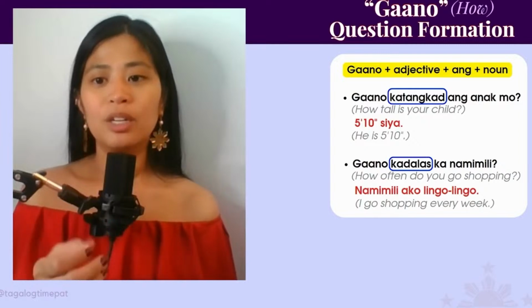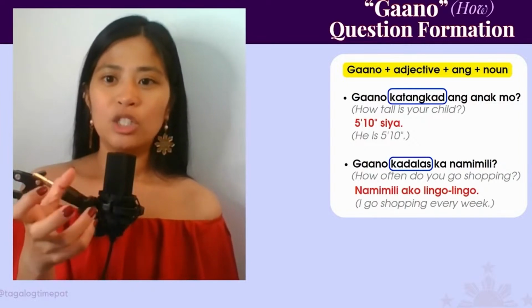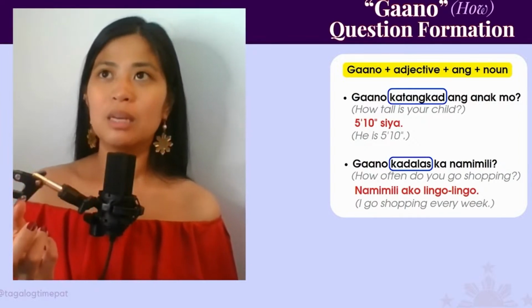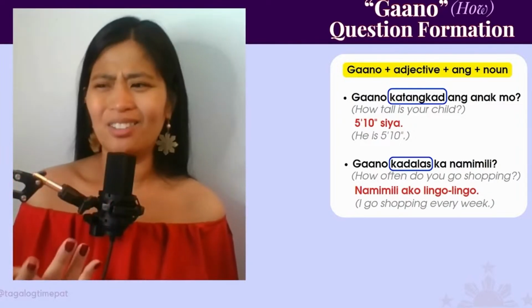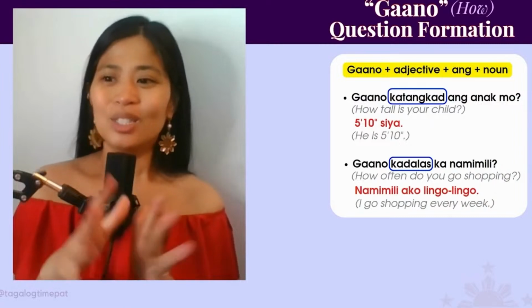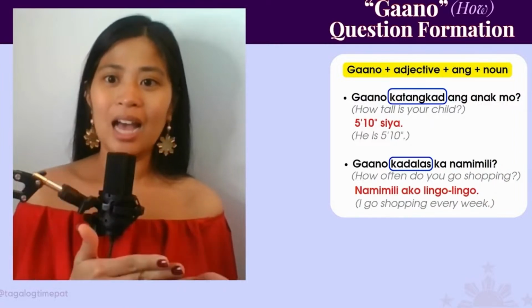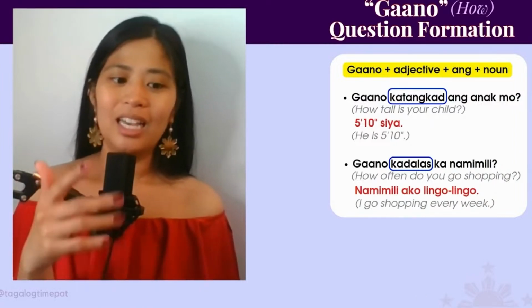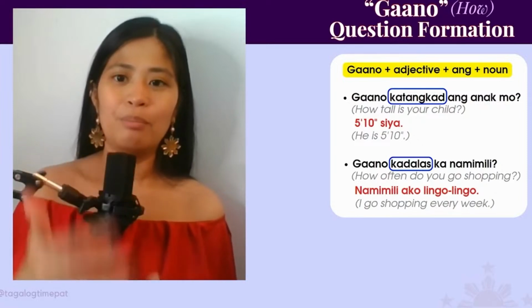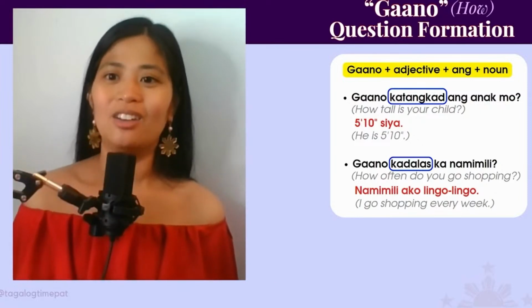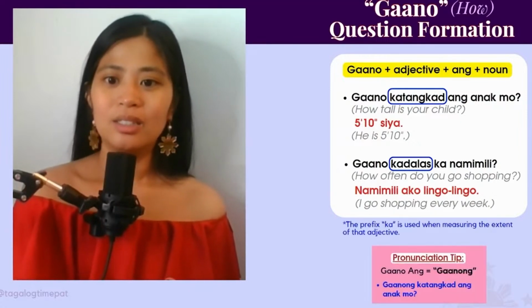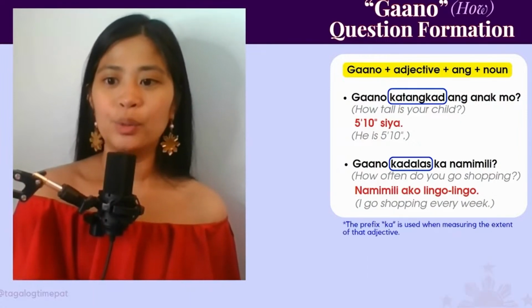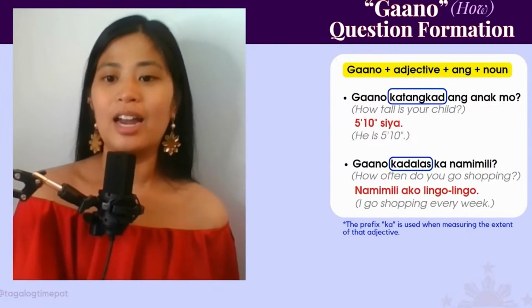And the ka prefix is a way to show the quality of something. It's asking about the characteristic of that adjective. It's a little interesting. So when we're asking gaano katangkad, it's like asking about that person's height. So yes, again, the prefix ka is used when measuring the extent of that adjective.